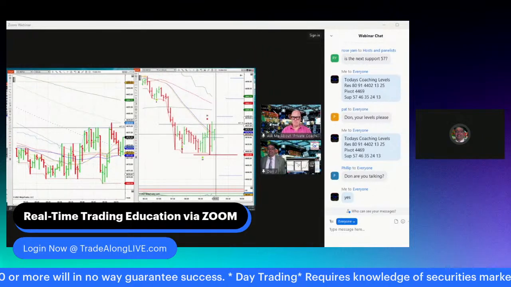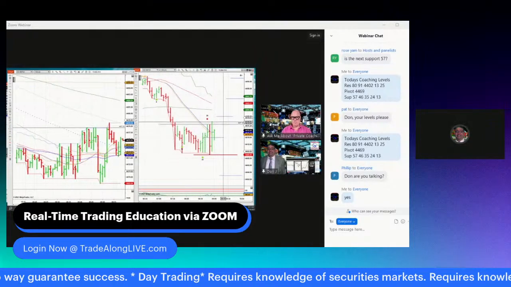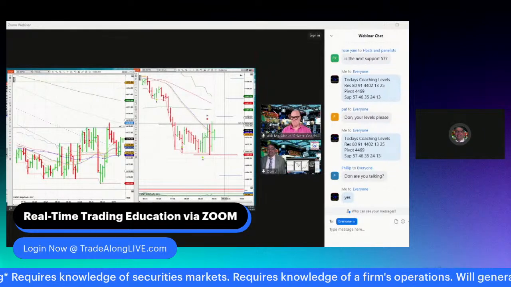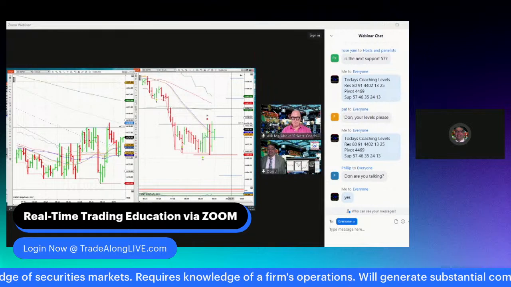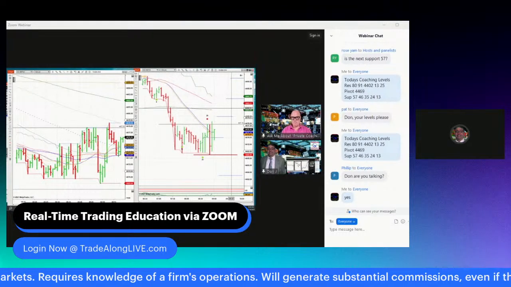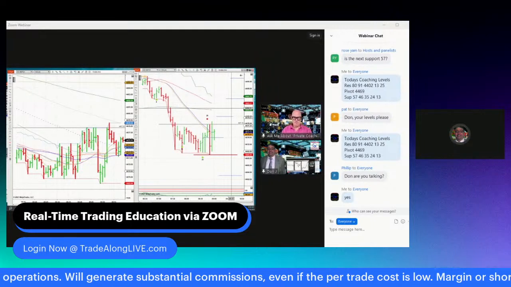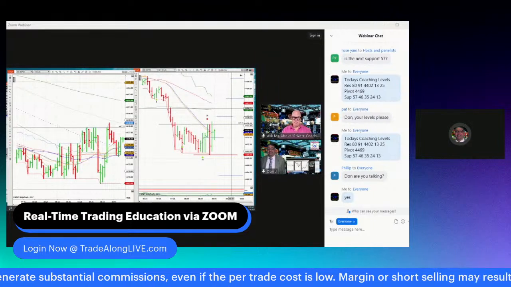I like the 74 area. I would expect it to go back up to this 78, or at least to the 77, 75 zone. So if you did take it, you're getting paid off.